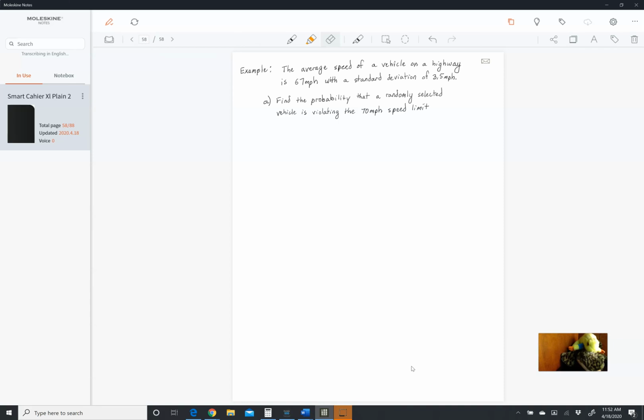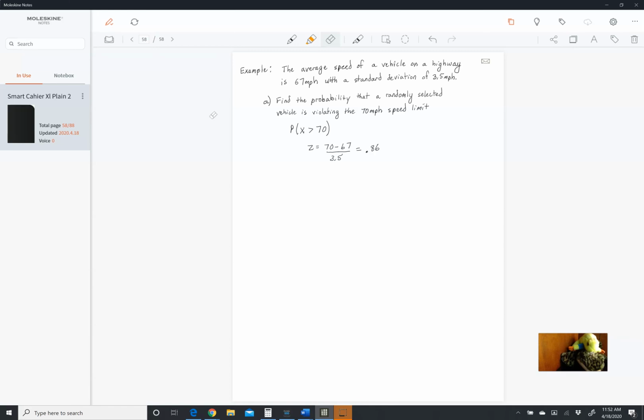So we're looking at the probability that x is greater than 70. So again, automatically, we know we got to find that z-score. That's the only way to do it. So our z is equal to 70 minus the mean. The mean is 67 over 3.5. And this I already calculated, it's 0.86.